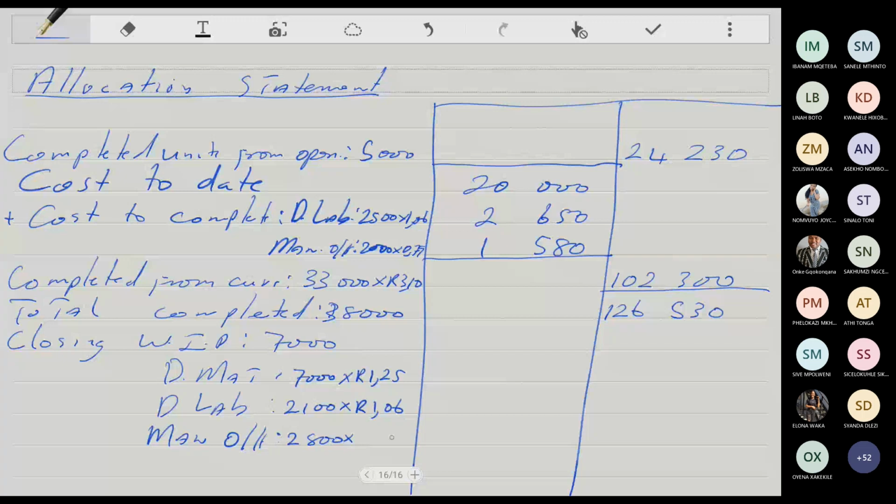So 7,000 by 1 rand 25 is 8,750. 2,100 times 1 rand 6 cents is going to be 2,226. 2,800 times 79 cents is 2,212.